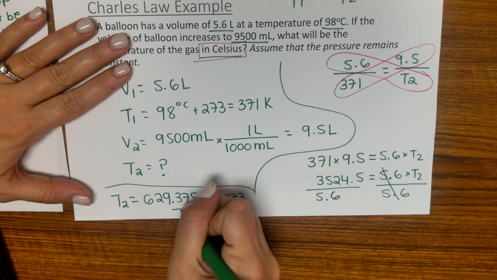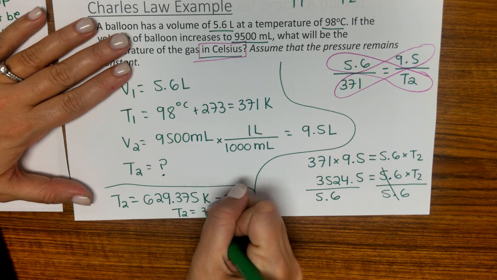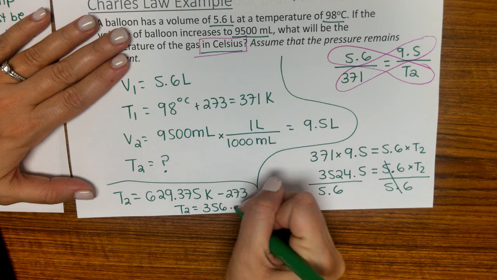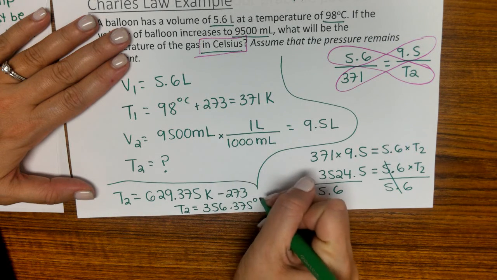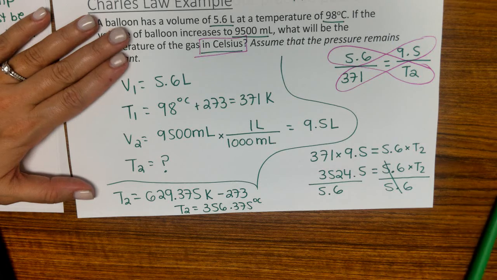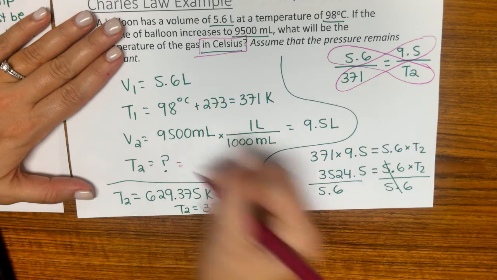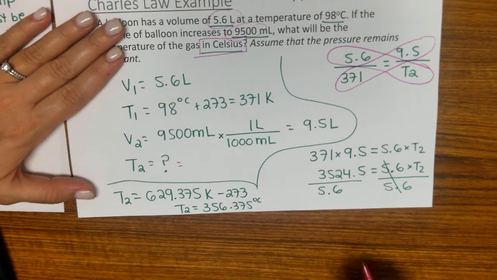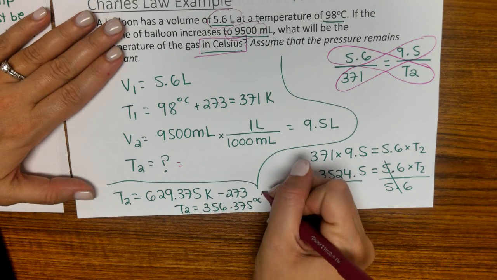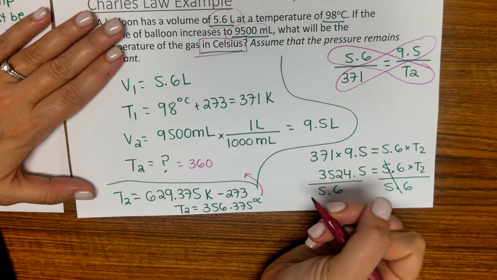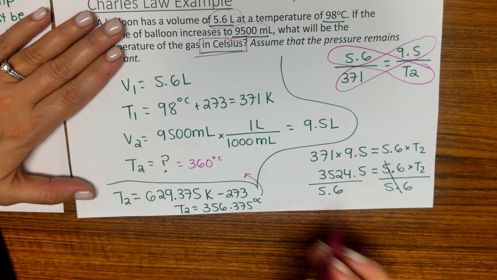And when I do that, my T2 equals 356.375 degrees Celsius. And then with significant figures, looking back at the original problem, 2 sig figs, 2 sig figs, so it'll have two significant figures. I would make that number 360 degrees Celsius.